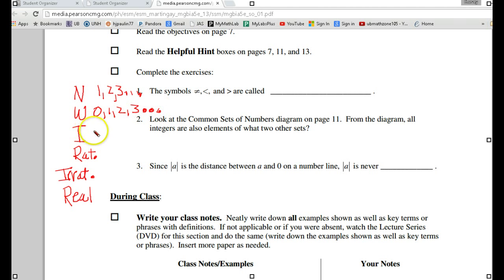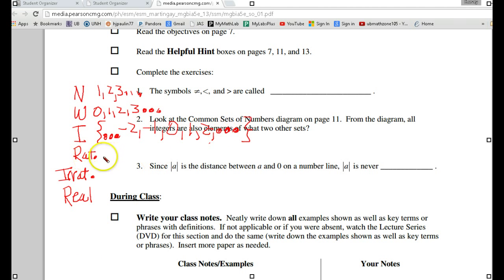Now integers are whole numbers and their negative opposites. So it starts, as you recall, as coming from negative infinity with the pattern negative 2, negative 1, 0, 1, 2, and then the ellipsis again there. I didn't get that in there too well. So there it is correct.